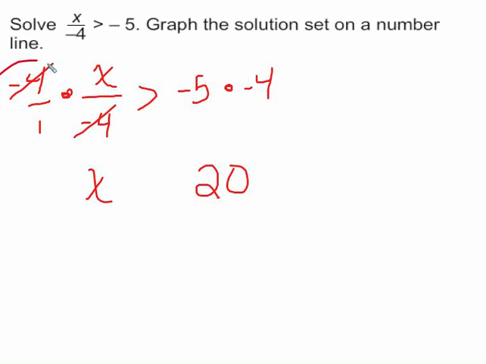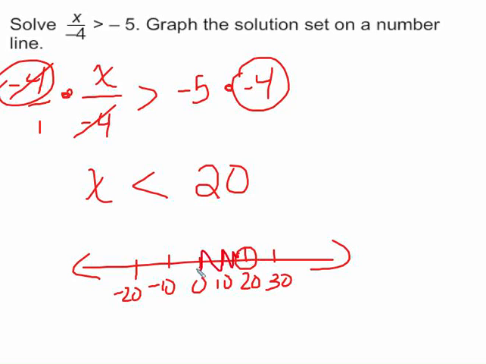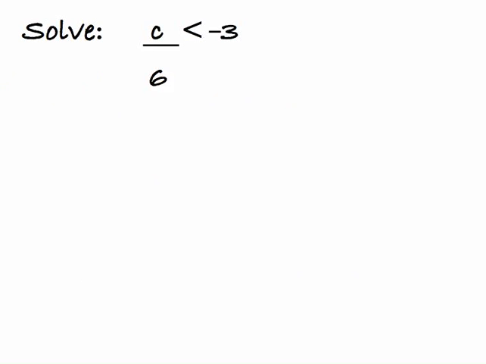Again, since the number that I multiplied by on each side is negative, that's going to flip my inequality sign. I'm going to scale my graph by 10s. Open circle at 20, and shade to the left. So this should start to seem pretty simple and pretty reminiscent of solving equations. Again, I just have to remember the flipping.